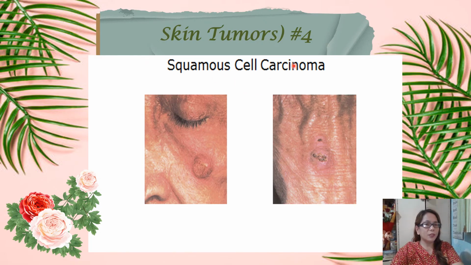So another example of skin cancer is squamous cell carcinoma, which usually appears on the sun-exposed skin of adults more than 60 years old. It grows more quickly than basal cell carcinoma, and it is firmer and looks redder.